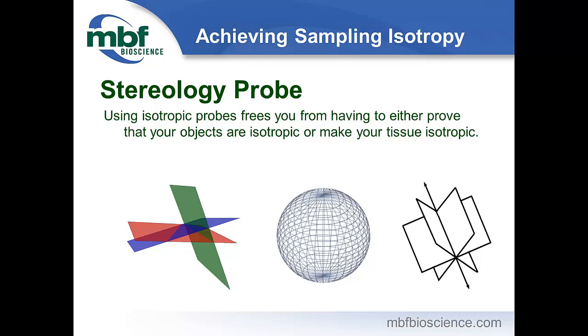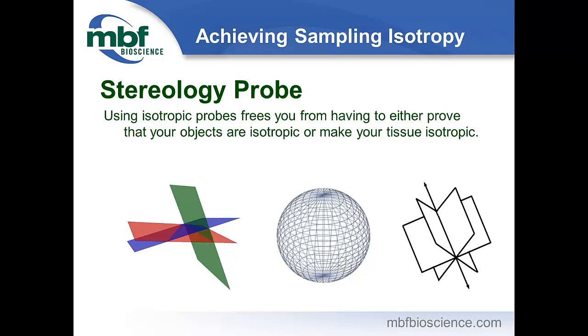I've noticed from reading the lung literature that many times thin sections are used, so we are going to show you how to do these probes on thin sections. We're also going to show you how to do them on thick sections where you can use the probe itself to be isotropic. We'll show you an example of how to estimate surface in the lung on both a thin or a thick section.